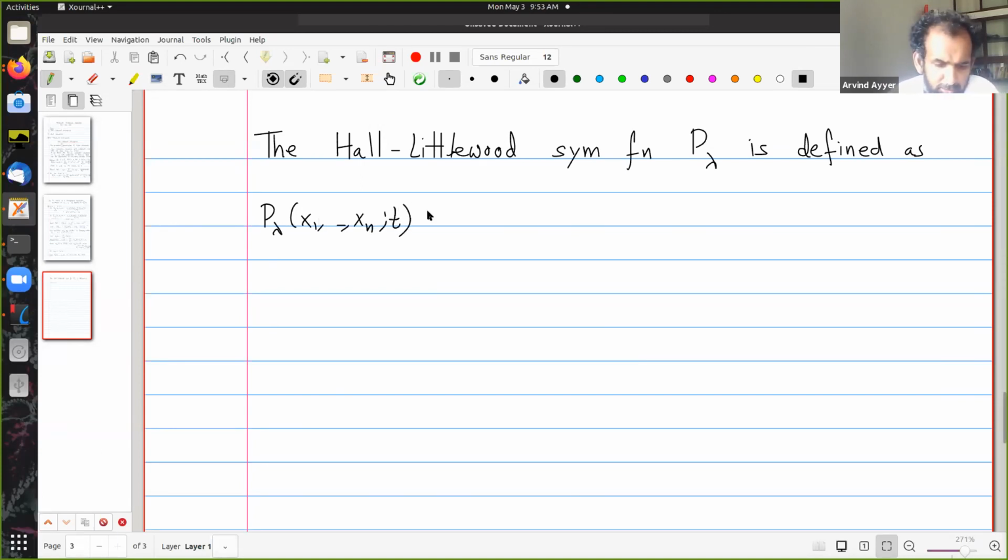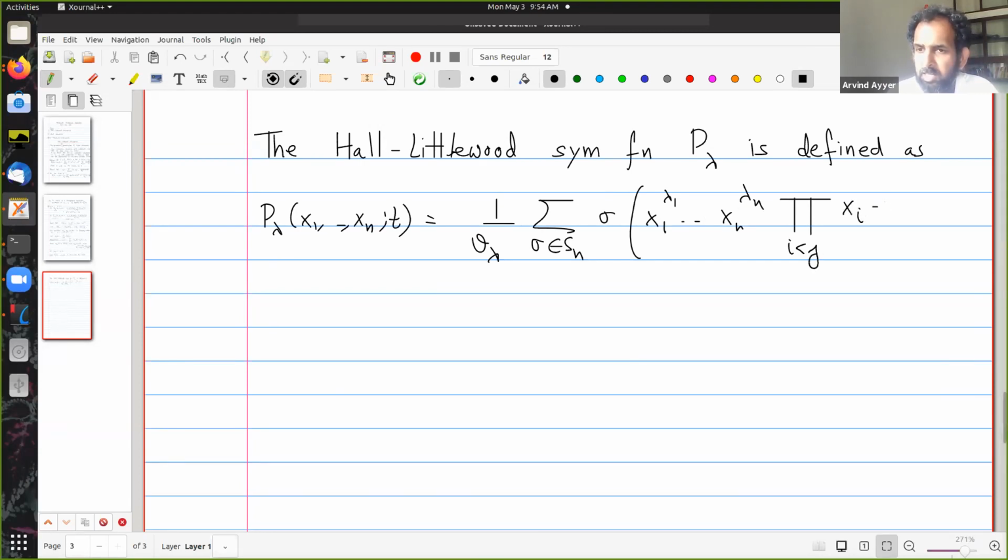So right now it's just a polynomial. This is 1 by v lambda of the sum over permutations sigma, as before, of x1 to the lambda 1, ... xn to the lambda n, product i less than j, x_i minus t x_j, over x_i minus x_j.